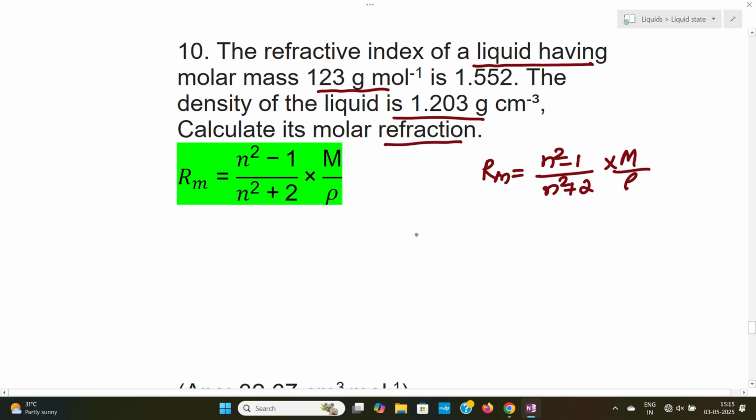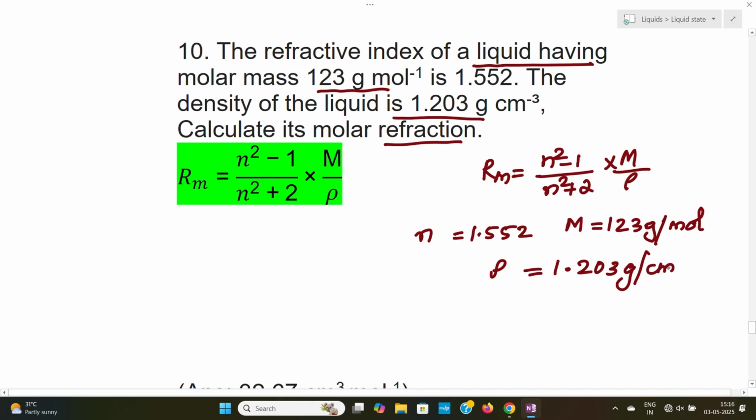Here n is given, n is 1.552, mass is given, that is 123 gram per mole, and here we have the density also given, that is rho, that is 1.203 gram per centimeter cube.